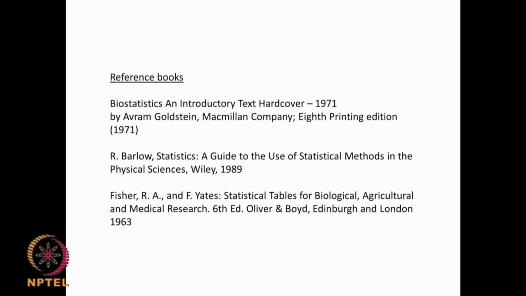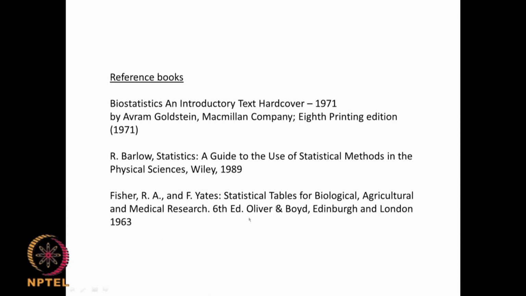Okay, let us get into it, and before that, these are some of the books which may be very useful for you. Biostatistics, an introductory text by Goldstein. Then we have Barlow, a guide to the use of statistical methods. Then this Fisher and Yates, this is a very good book which gives a lot of statistical tables, because as you go along you will come across a lot of tables, T tables, F tables, random numbers, odds ratios, confidence intervals, p values and so on.